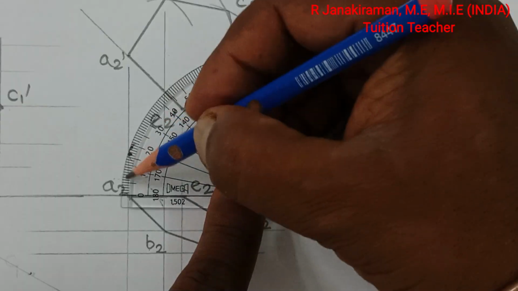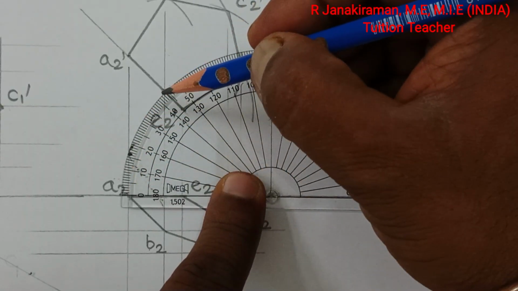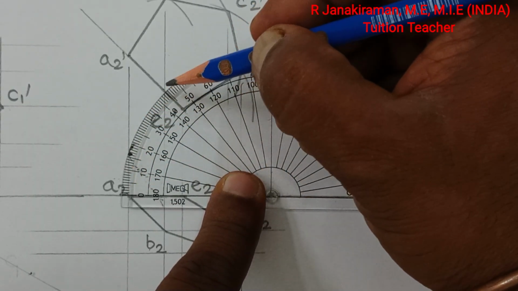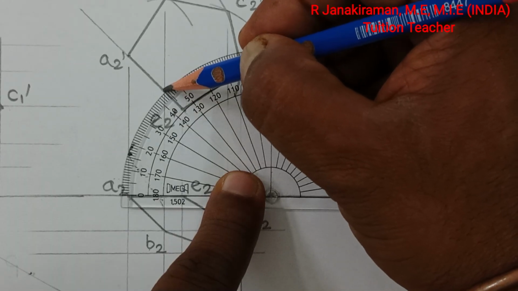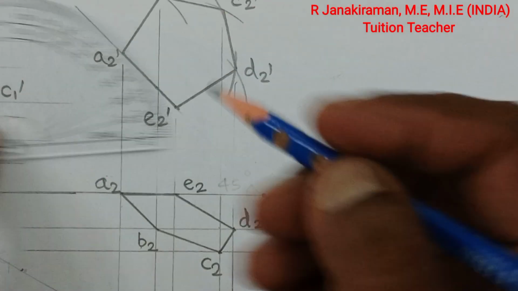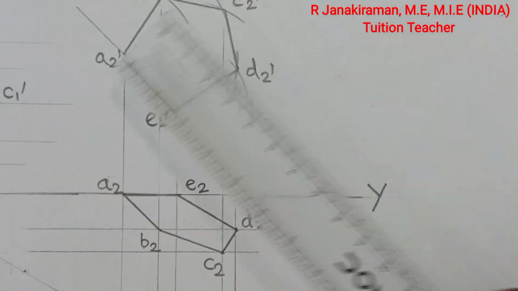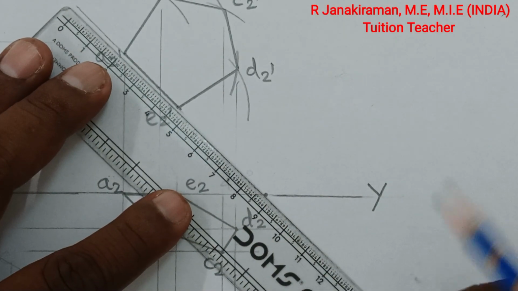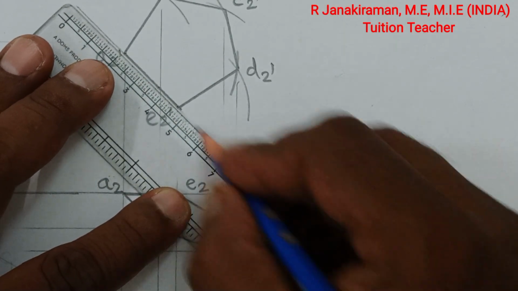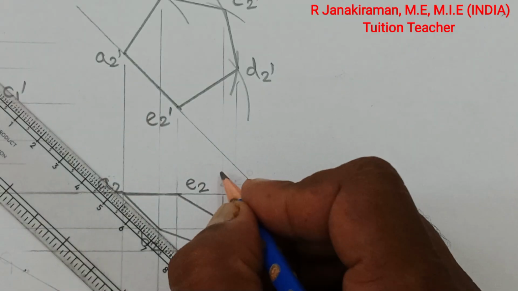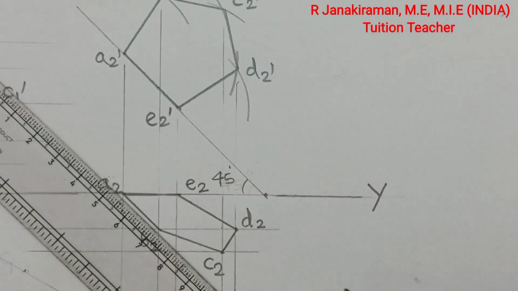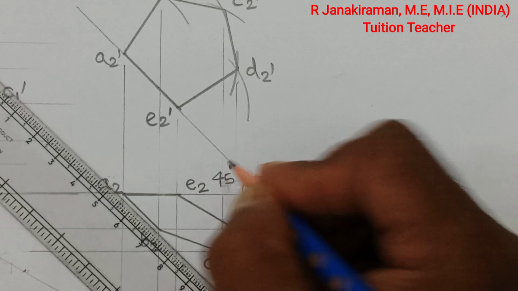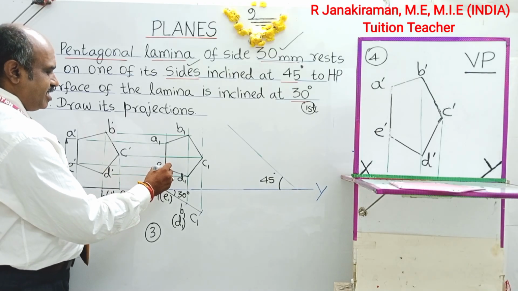Read like this: 0, 10, 20, 30, 40, 45. Between 40 and 50 will be 45 degrees. Locate this point and join the marked points using a freehand scale. This angle is 45 degrees using the protractor. Understand?